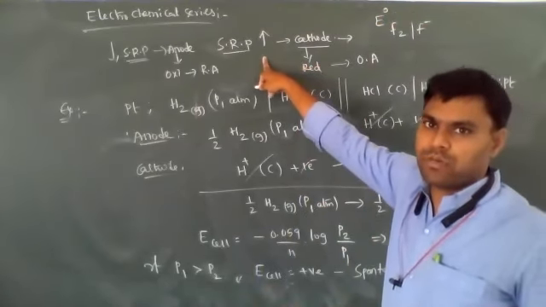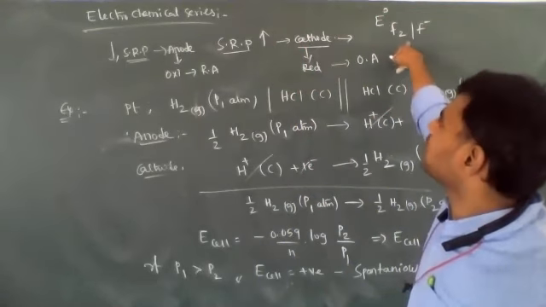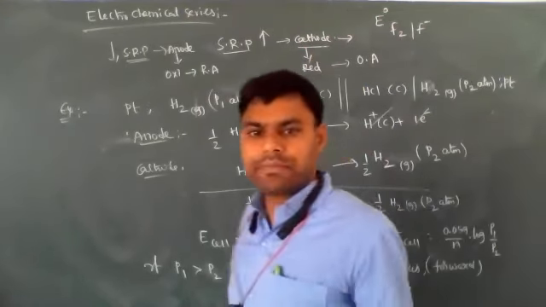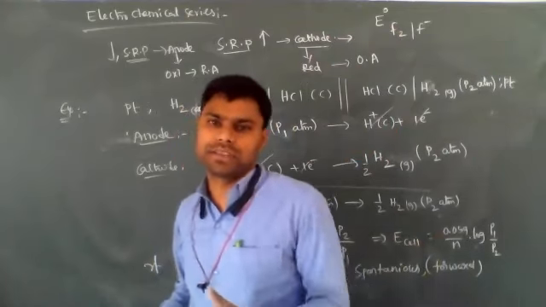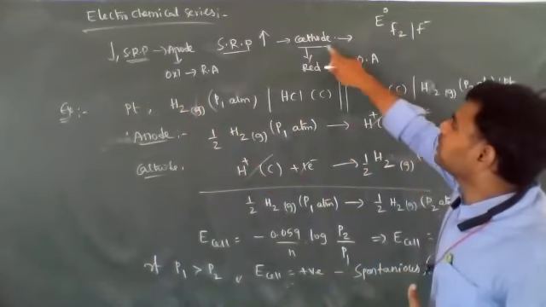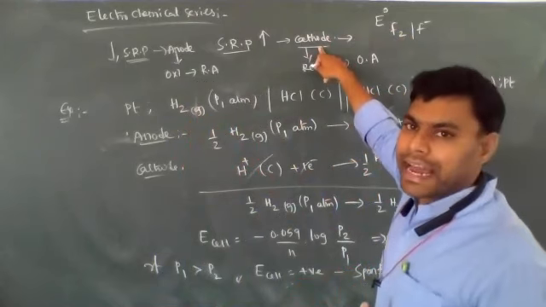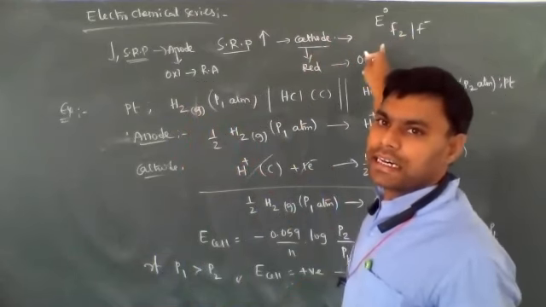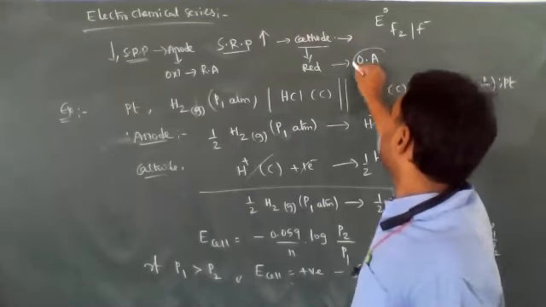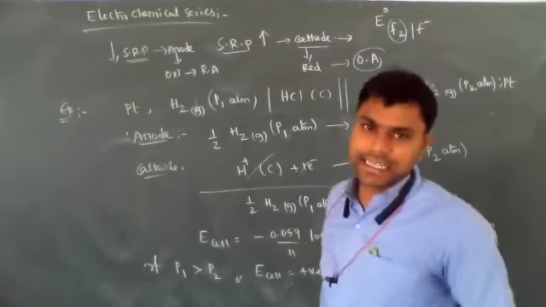So with more reduction, it acts as a good non-metal cathode. Generally metal electrodes and non-metal electrodes are present. F2 by F minus acts as a good cathode, and fluorine itself reduces very easily. Then F2 acts as a strong oxidizing agent.